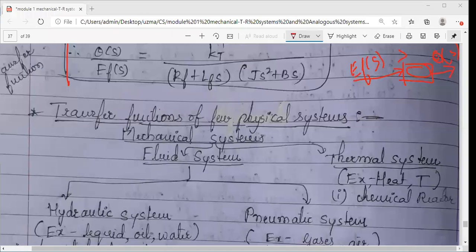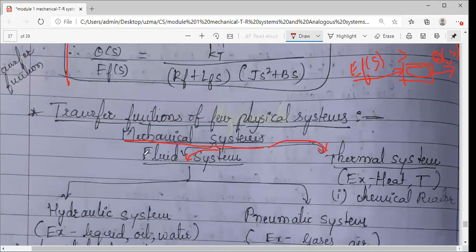So for that I'm taking the transfer functions of a few physical systems. Generally, because most of the time control systems are related to mechanics, as I have told you, mechanical systems, generally how you classify: fluid systems and thermal systems. This is the general broader classification.